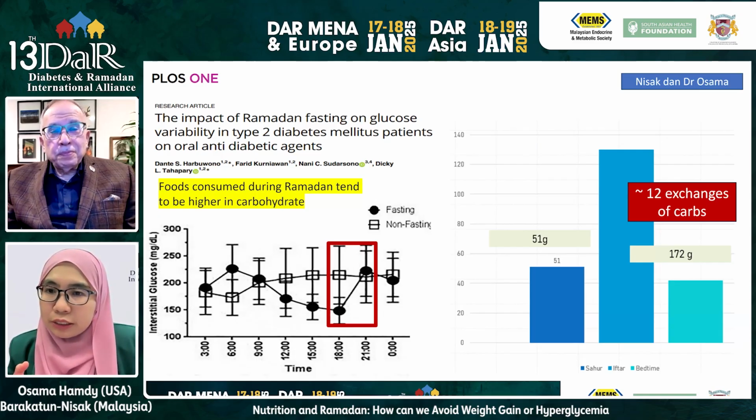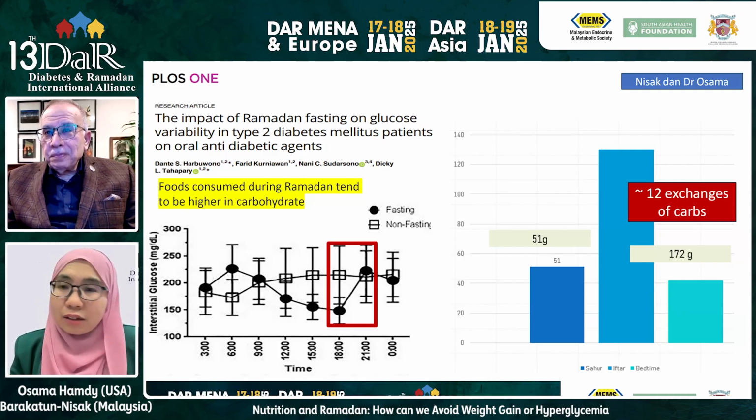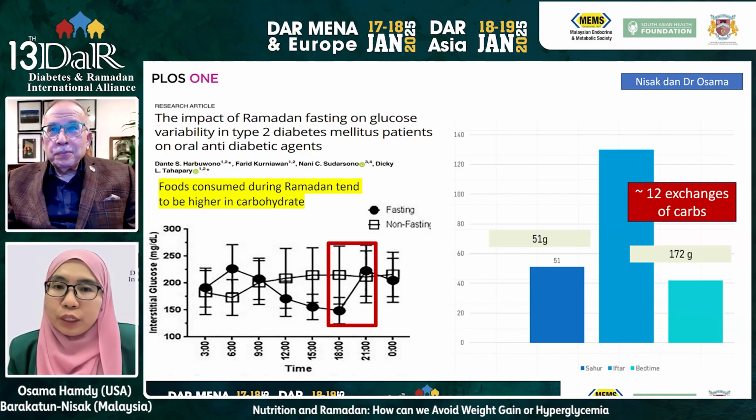And if you look at the bar chart here, when we analyze the dietary intake of our patients with diabetes, imagine only during iftar is already more than 170 grams of carbohydrate. So as I converted into exchanges, it's almost 12 exchanges of carbohydrate, proportionately more than 55% of carbohydrate during just breaking time, during iftar. So it's absolutely very, very high, Dr. Hamdi. And this may actually impact our patients' health.